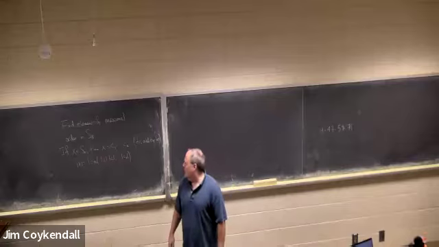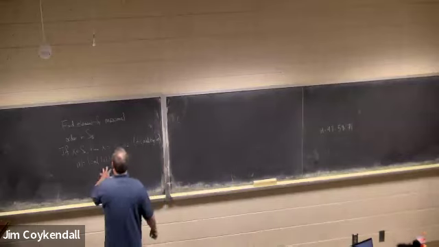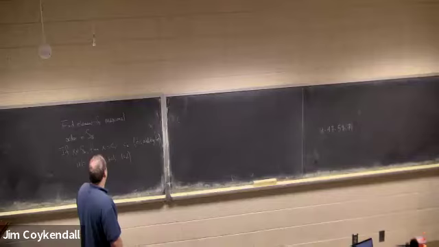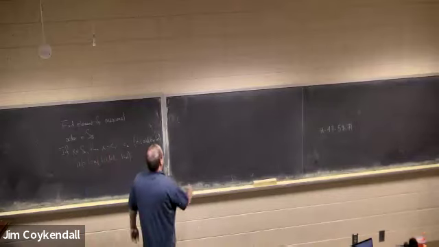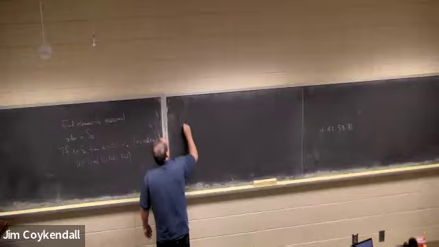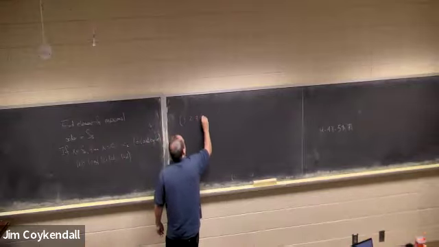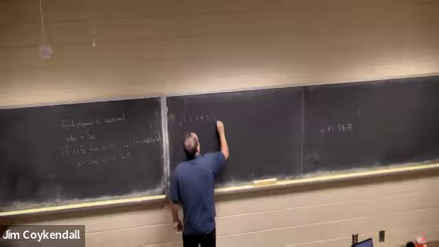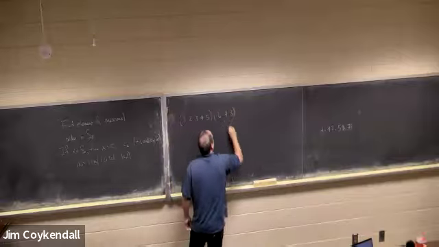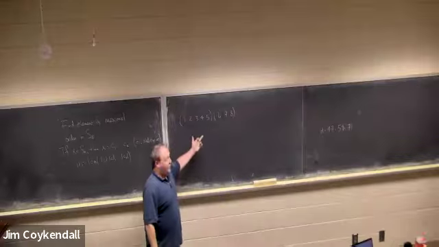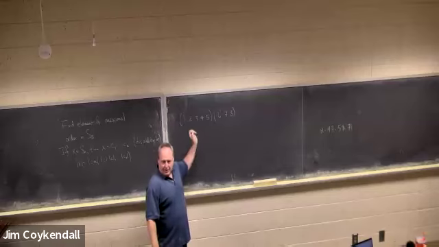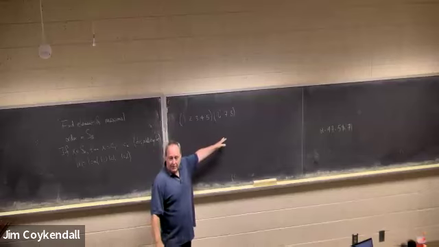But in this one, how do we go about this? Well, one candidate is a 5 cycle and a 3 cycle. And the cool thing about 5 and 3 is they're relatively prime, so the least common multiple is the product, right?